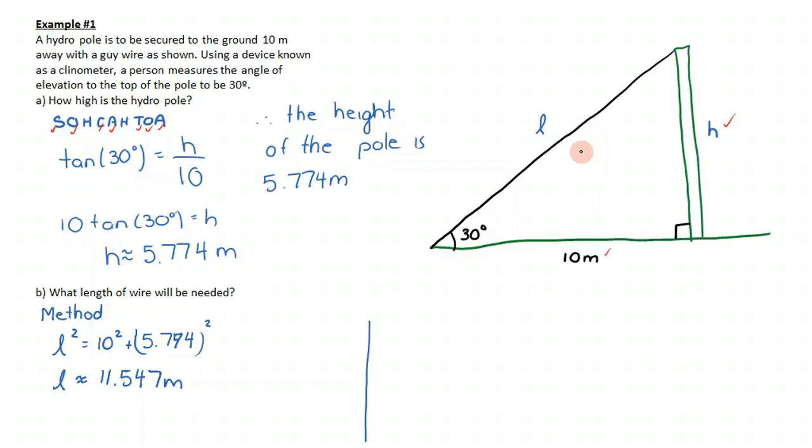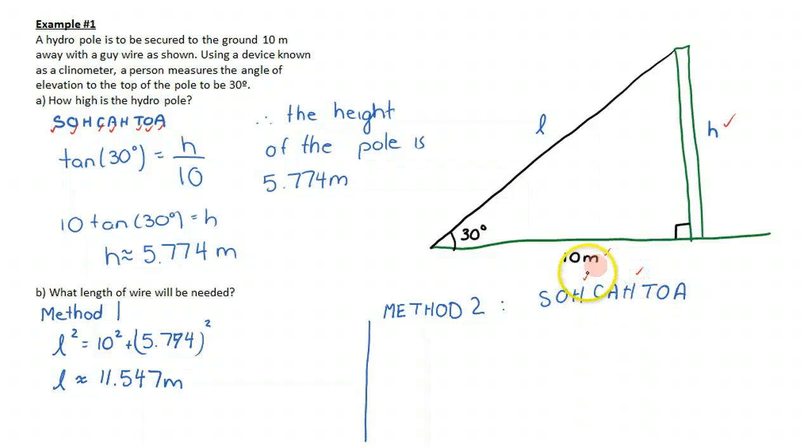But if I wanted to check this, I could actually use a second method. And that is relying on my trig ratios. So I'm going to write out Sohcahtoa here. So in this case, I want to solve for the hypotenuse.